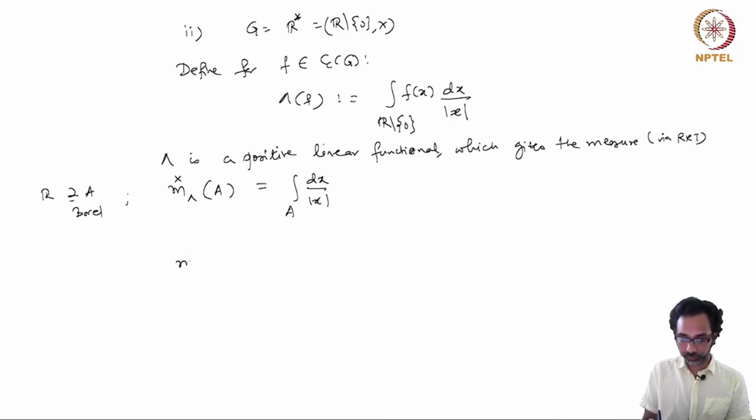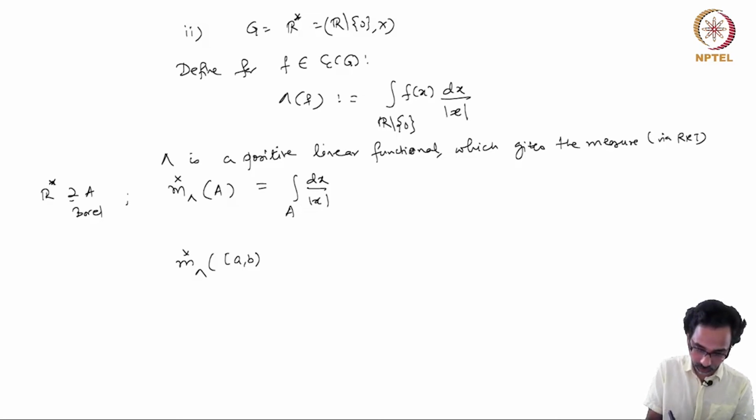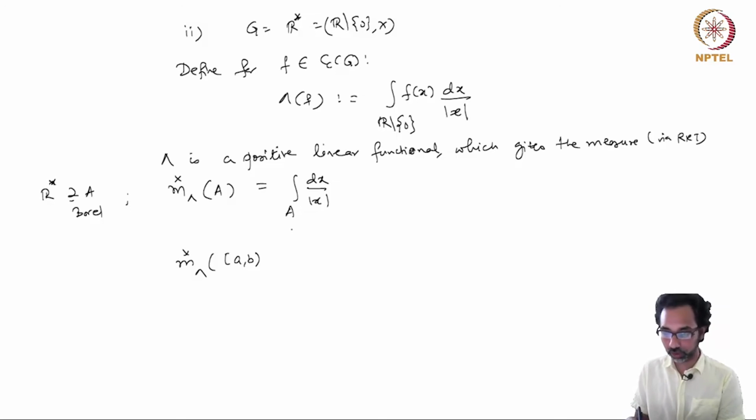So for example, m^× of an interval (a,b), so (a,b) minus 0, of course A is a subset of R star here, so A will not contain 0 anyway.